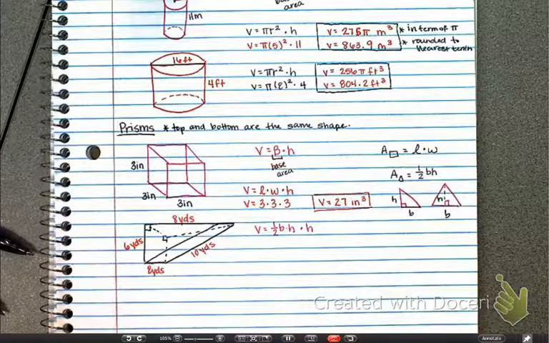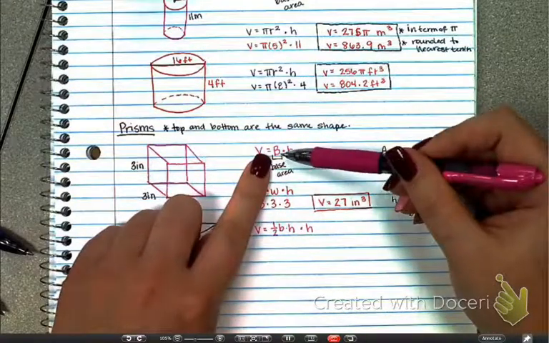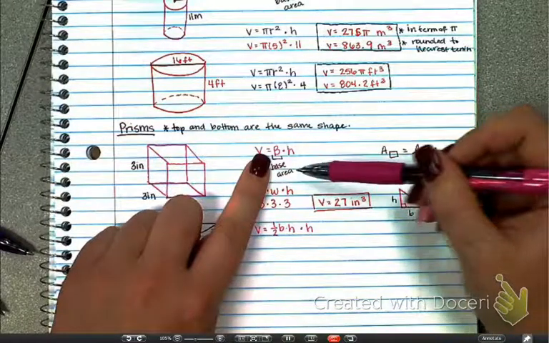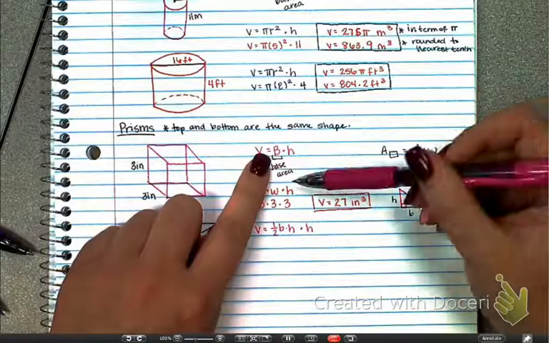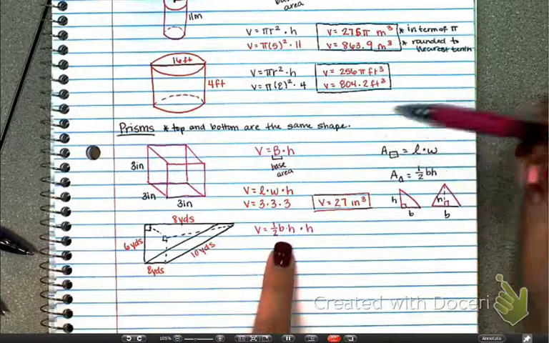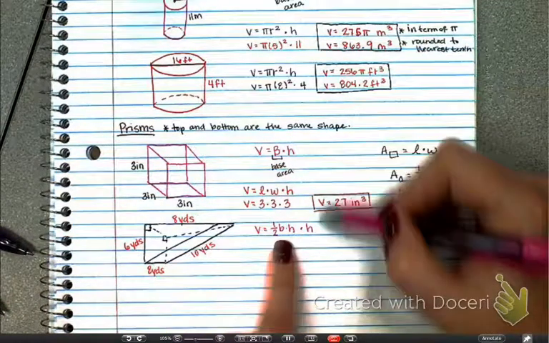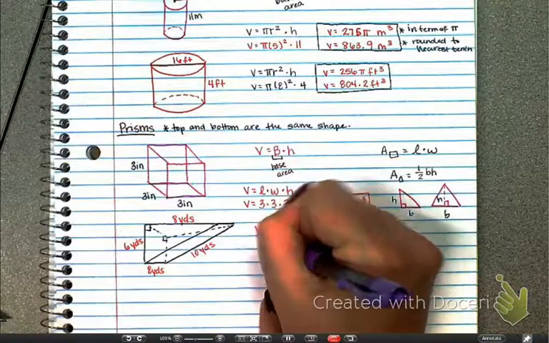Instead of B, because B stands for base area, you have to determine what your base is, what shape it is. Is it a circle, a rectangle, a triangle? In this case, it's a triangle, so I'm replacing B with the area of a triangle, and then I still have that height. So this right here is that big B.